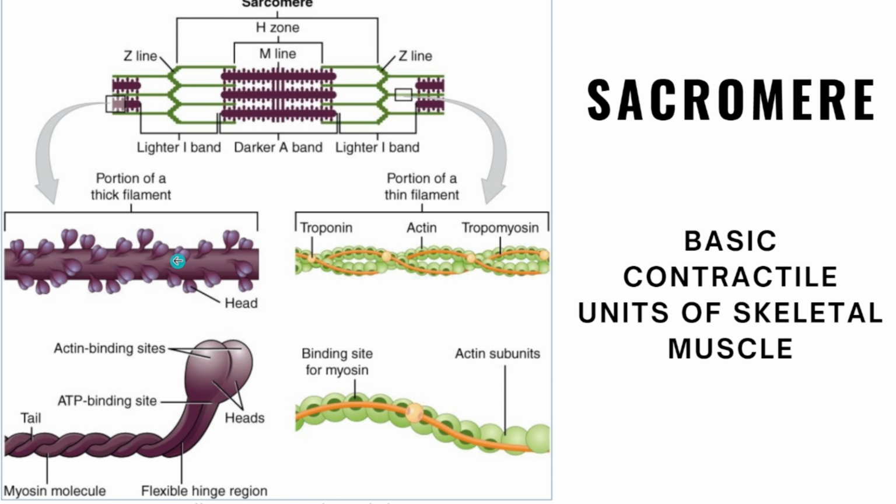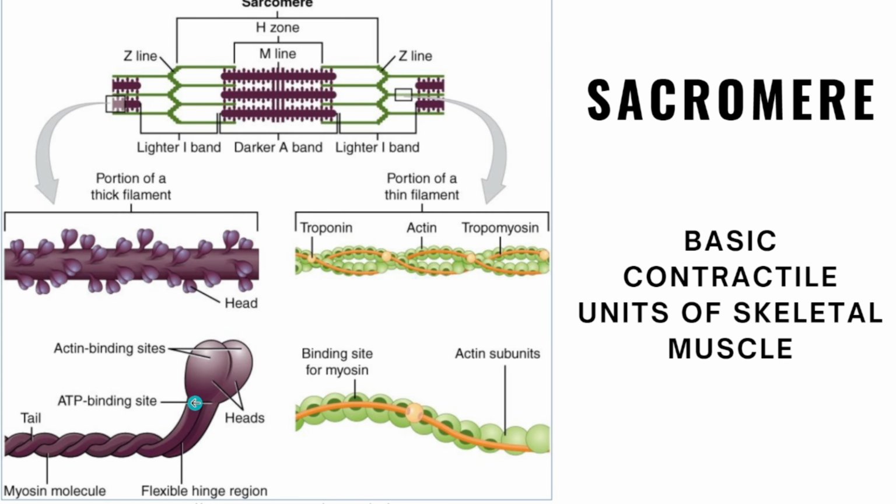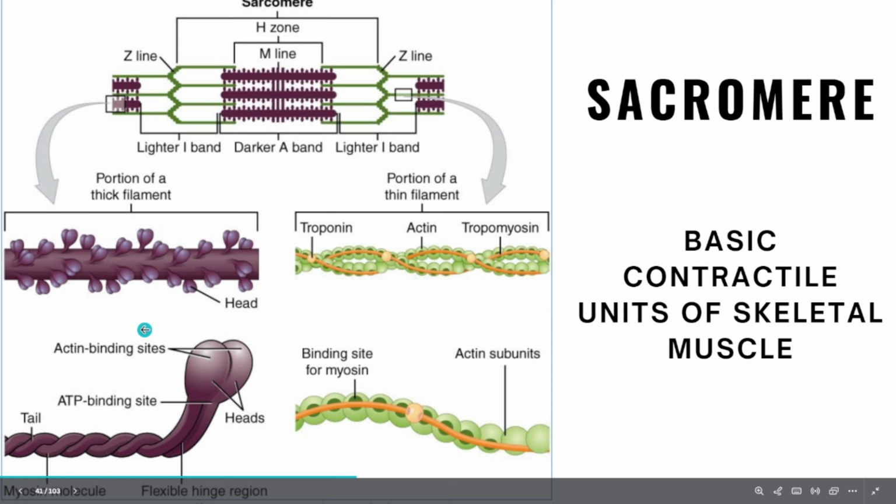Just that it has structures, 2 major structures: the actin binding site and the ATP binding site, here. Normally the thick filament is a long rope-shaped region called the myosin rod, and the myosin head here. This one we call the myosin head.